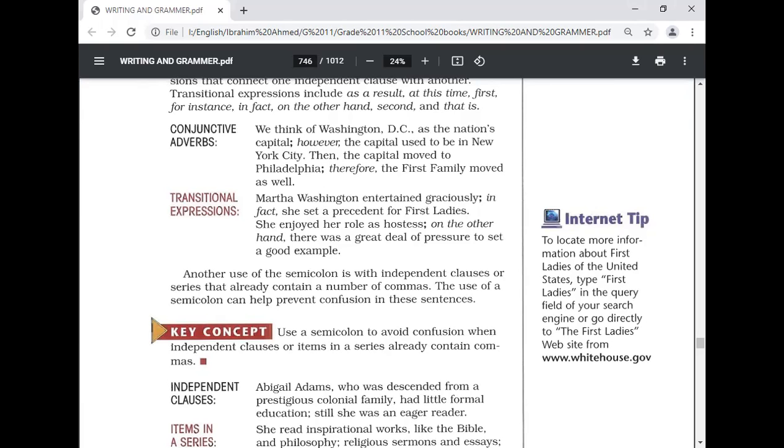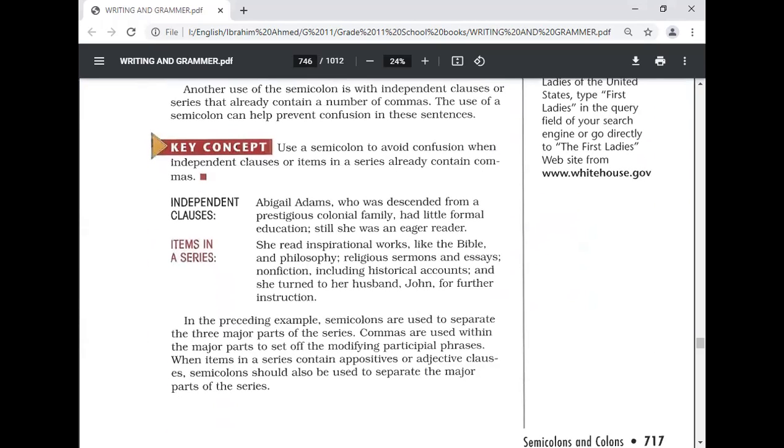Another use of the semicolon is with independent clauses or series that already contain a number of commas. The use of a semicolon can help prevent confusion in these sentences. So use a semicolon to avoid confusion when independent clauses or items in a series already contain commas.